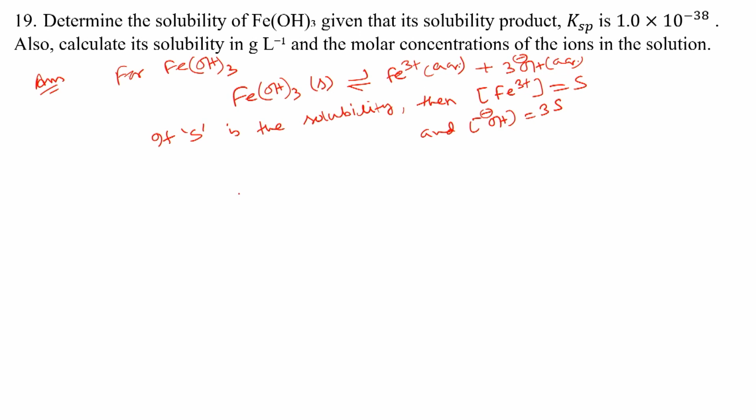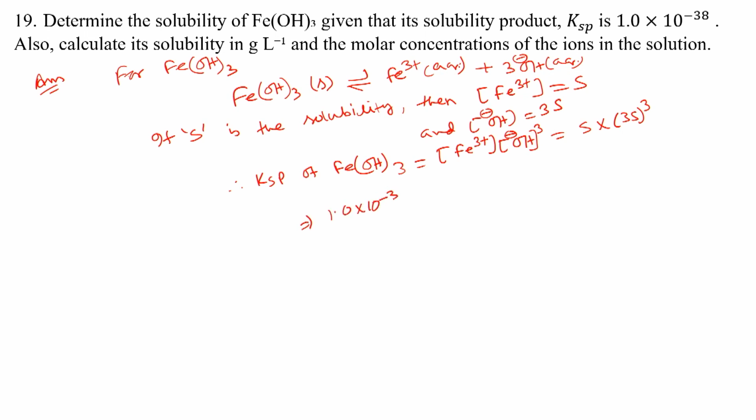So Ksp of Fe(OH)3 is the concentration of Fe3 plus times the concentration of OH minus raised to the 3. So we get S times 3S raised to the 3, right. We know the Ksp value is given here, 1.0 times 10 to the minus 38.